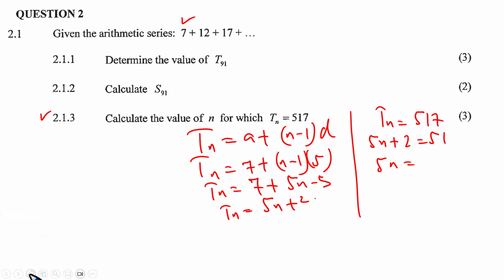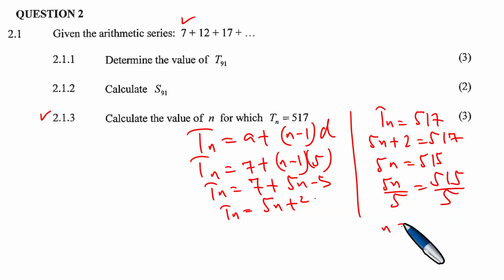So you transpose and subtract: 517 minus 2 is 515. 5n out of 5, we divide 515 out of 5, getting n equals, so we do our division there, and this is actually 103. And that's the answer. We continue right now to do the next question, and we proceed as follows without any waste of time.